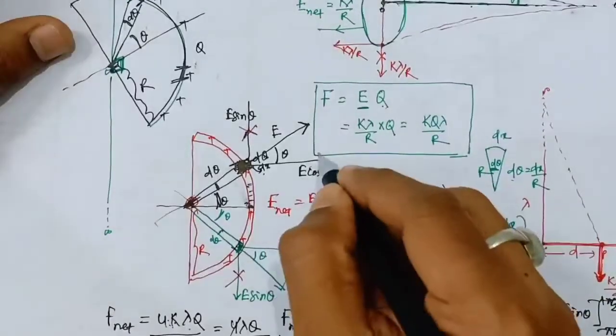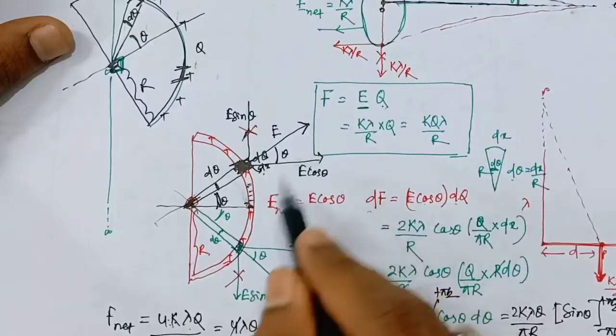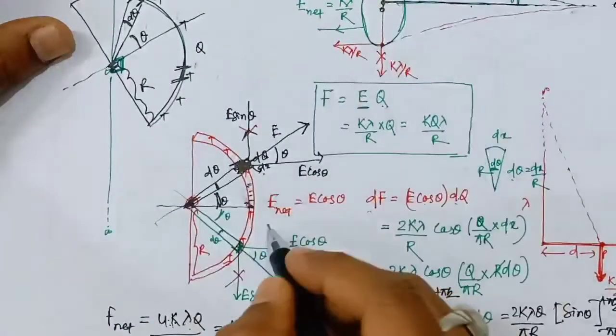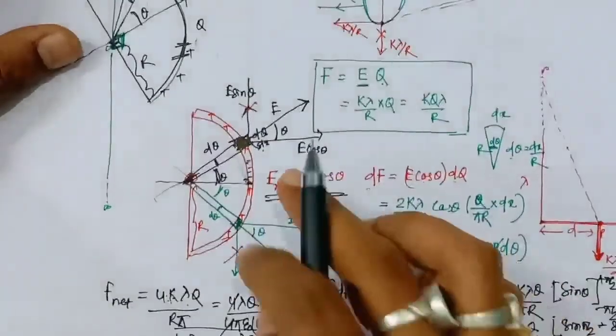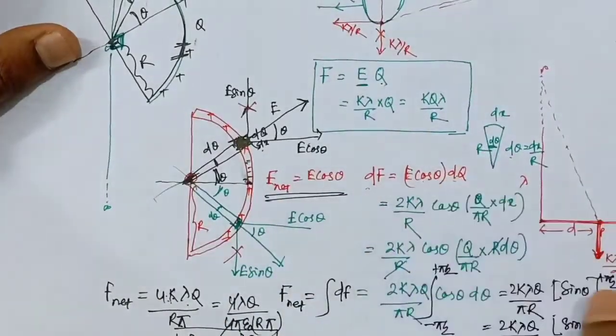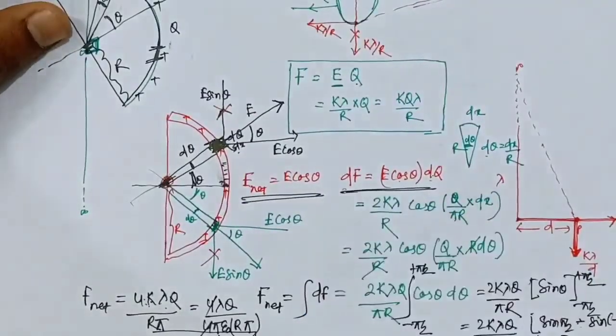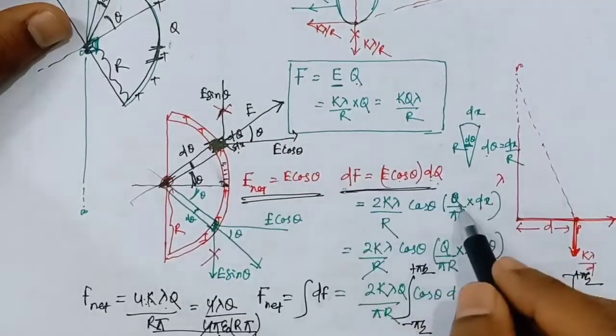I concluded that only one component exists, that is E cos θ, and net force into charge gives the expression of the force.